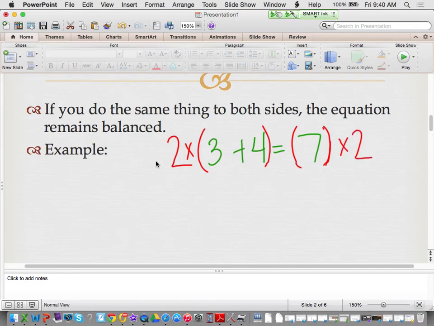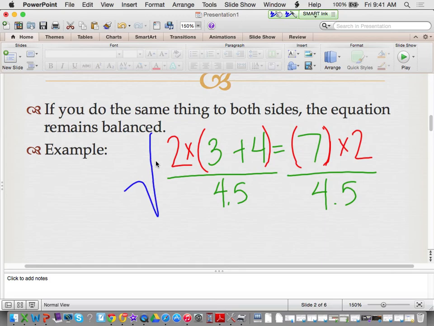And if I then divide both of those sides by 4.5, it's going to remain balanced. If I then take the square root of both sides of this, it is going to remain balanced. So I think that makes sense, that if you do the same things to both sides of an equal sign, it remains balanced.